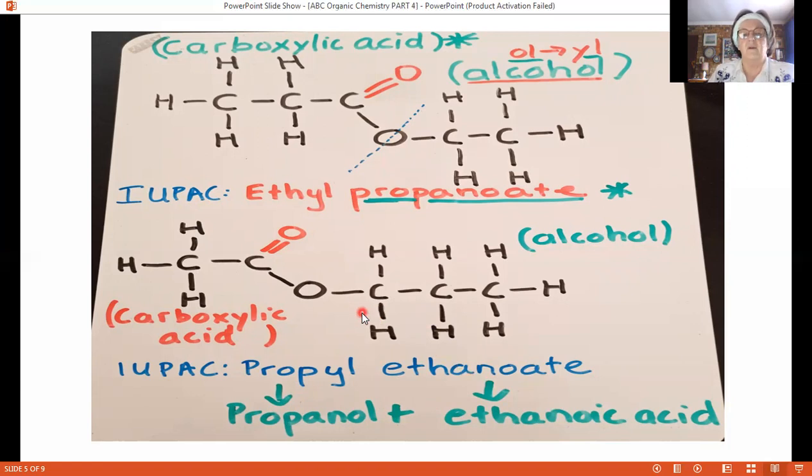So when we do the molecular formula, you'll see that you've got your 2 carbons plus your 3 carbons here. So it will be C5, right? And you multiply the 5 by 2, 5 times 2 is 10, so it will be H10. So this is how you can recognize it.